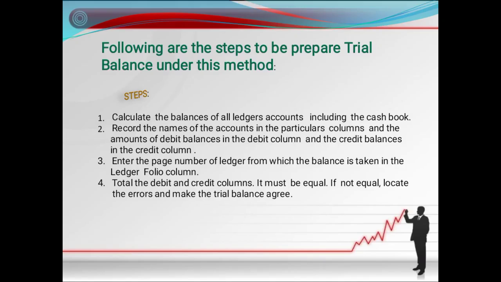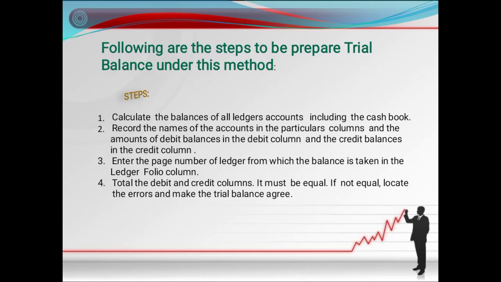Now, the following are the steps to prepare a trial balance under this method. The first step is to calculate the balances of all ledger accounts, including the cash book. Record the names of accounts in a particular column, the amount of the debit balance in the debit column and the credit balance in the credit column.